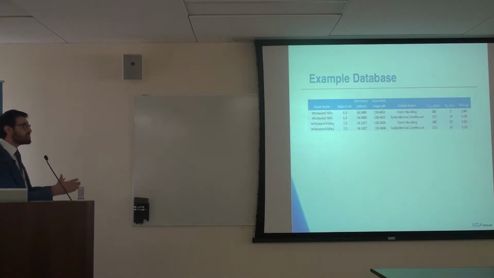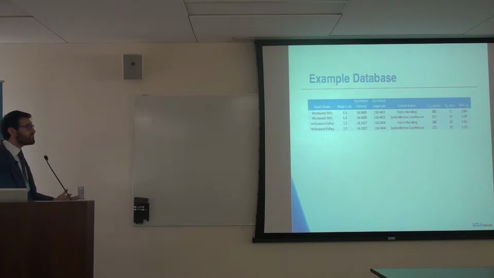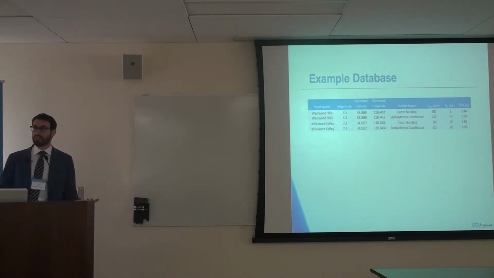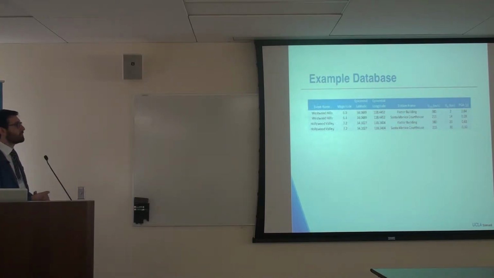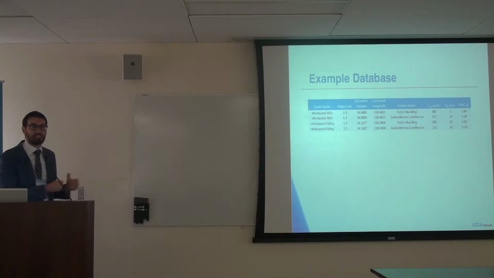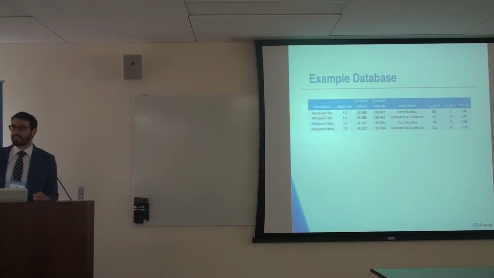And then you have a station or multiple stations recording that same event, and each station has its own characteristics, VS30, and many other possible characteristics. And then you have the ground motion recording at that recording station that is characterized by a certain peak ground acceleration, for example, or intensity measure, and a specific distance.